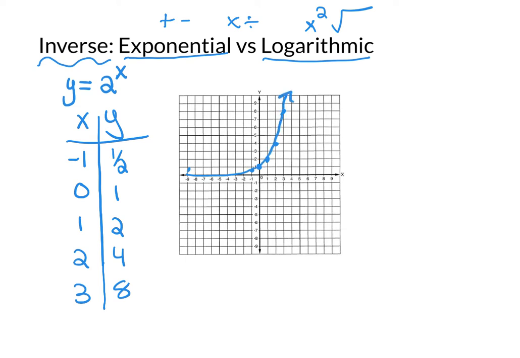So we've had practice graphing the exponential function. When we are talking about inverse functions, we switch x and y. So it's like x equals 2 to the power of y. And in my xy table, switching those would also mean switching the x and y in the table.